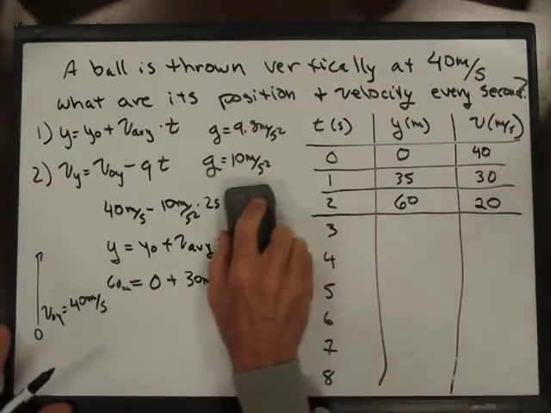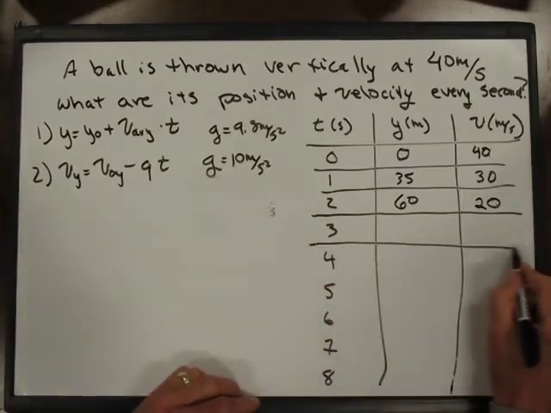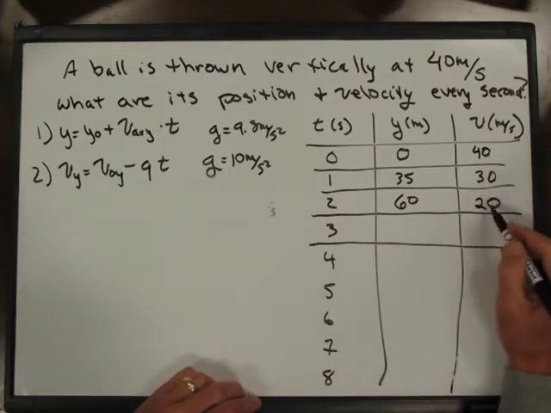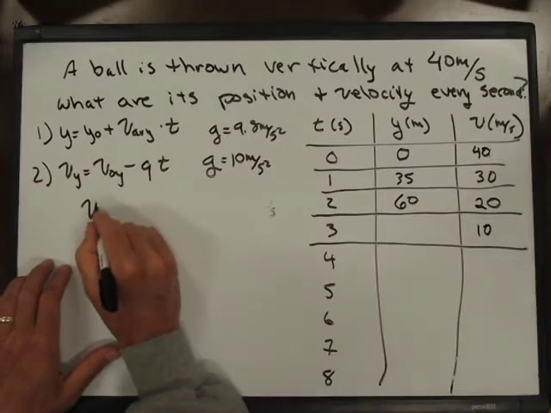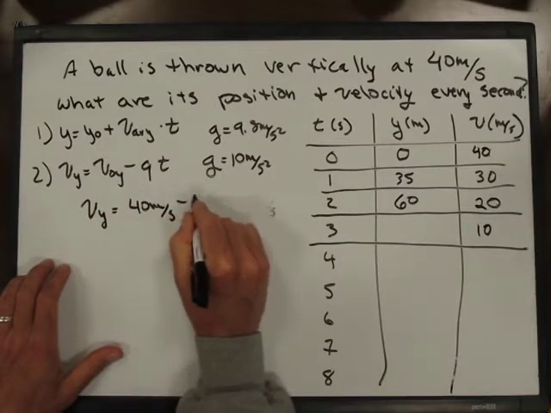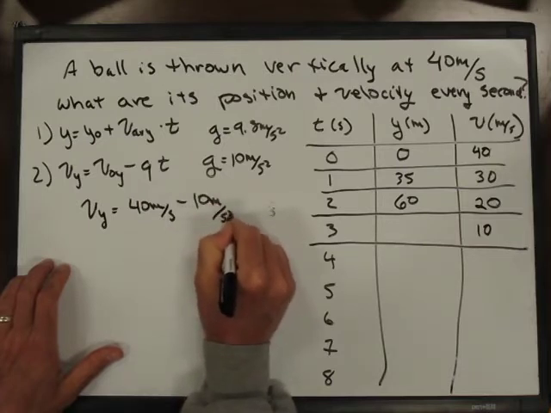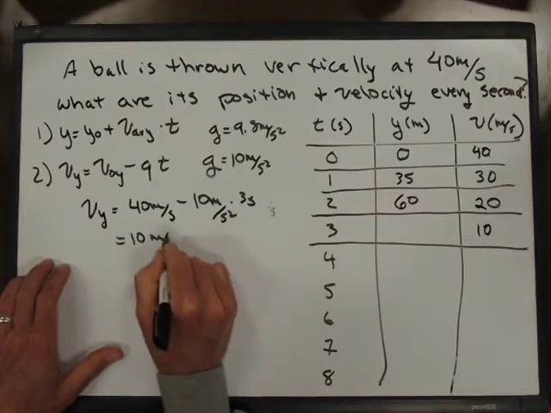Okay, erase some of this over here again. And so now I get to the third one, and hopefully you're starting to see a pattern, right? 40, 30, 20. This is going to be 10, right? Vy is equal to 40 meters per second minus 10 meters per second squared times 3 seconds, or 10 meters per second.